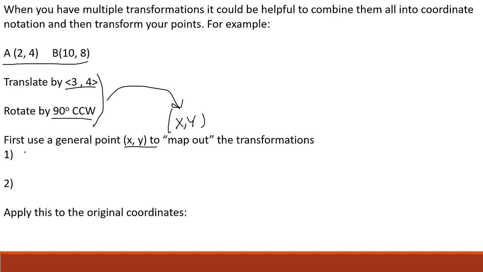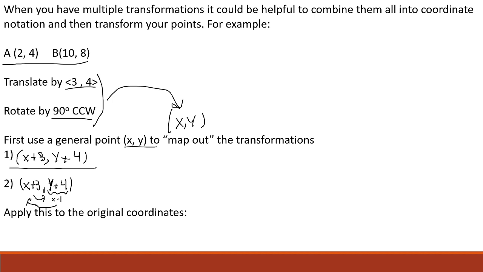So translate by 3, 4. That means I'm going to take x plus 3 and y plus 4. That's what translating does, right? You add 3 to the x, you add 4 to the y. Then I'm going to take this and rotate it 90 degrees counterclockwise. Let me write this down here. So rotating it 90 degrees counterclockwise means you're going to take the y value, which is this entire thing, times it by -1, and then swap your x and your y.